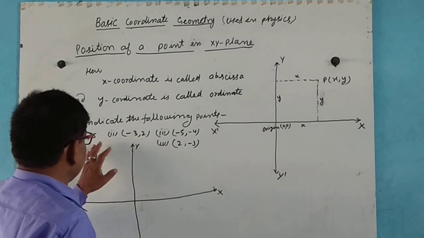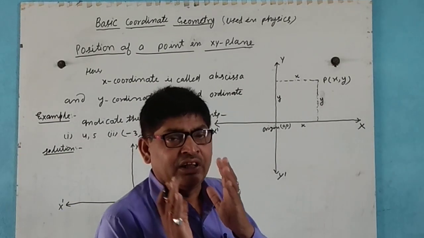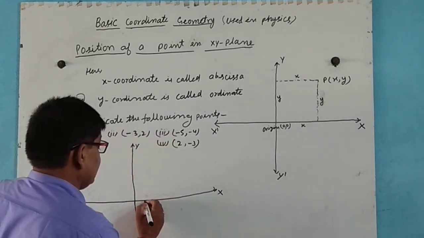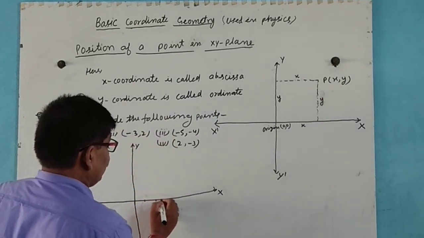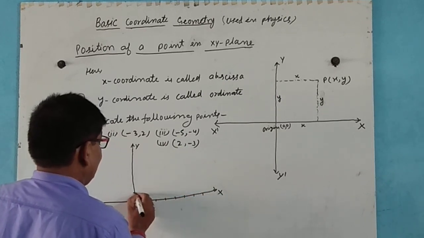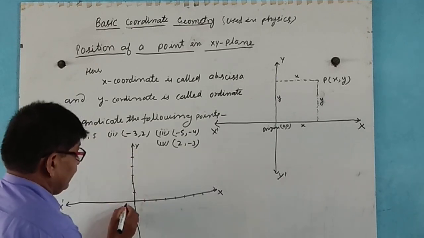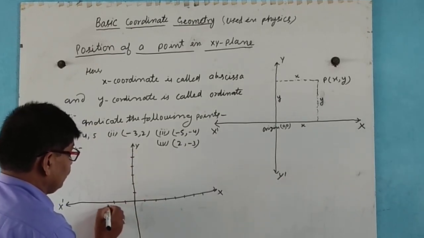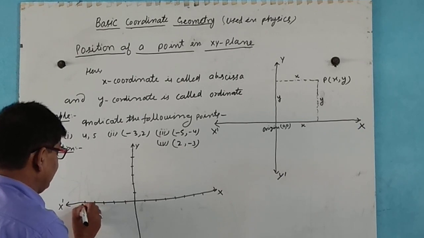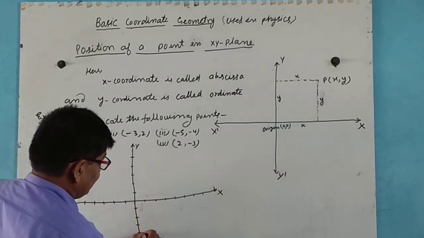We indicate the points at the same distance. Here we count 1, 2, 3, 4, 5, 6, 7 along one axis, 1, 2, 3, 4, 5 along another, and 1, 2, 3, 4, 5, 6 along the others.